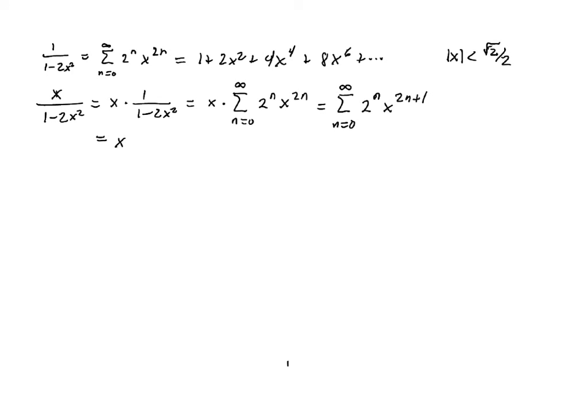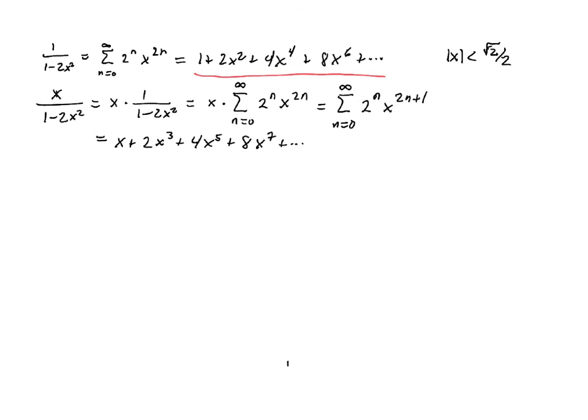This is x plus 2x cubed plus 4x to the 5th plus 8x to the 7, and so on, which is the same thing that we would have gotten if we had just multiplied this expression term by term by x.